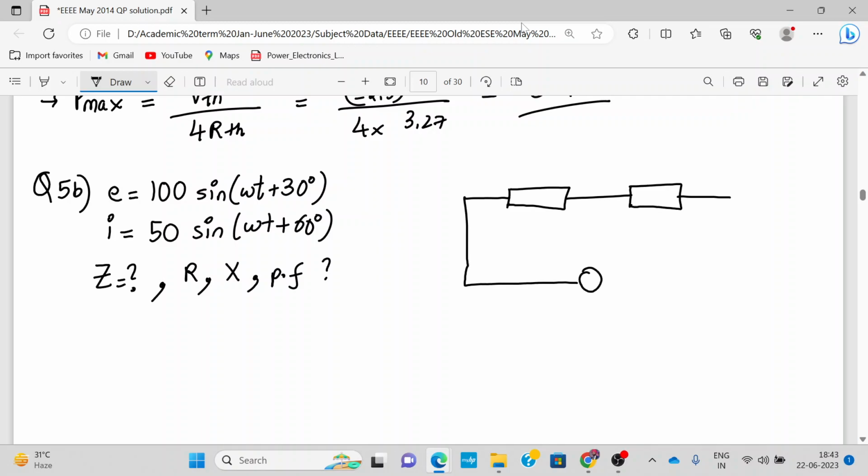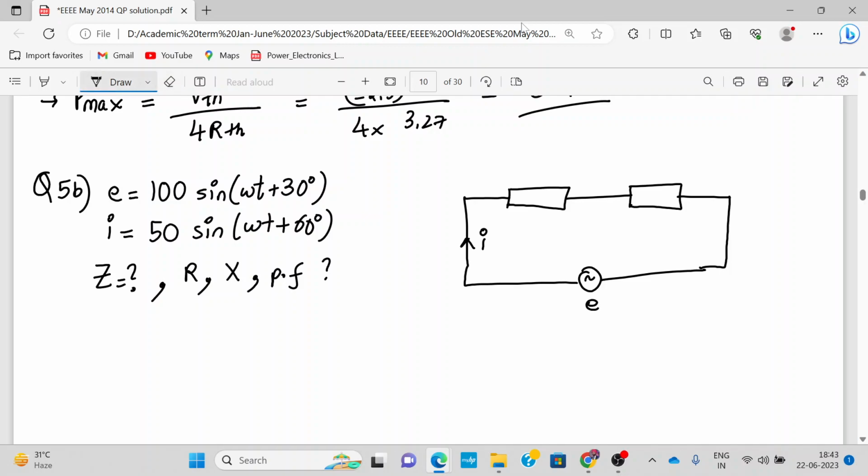One of them is a resistor, the other is a reactance. So this is E, this is I, this is 100 volt. I mean the peak value is 100, so 100 root 2 sine value, because we write the RMS value, right? So let me write E only over here.